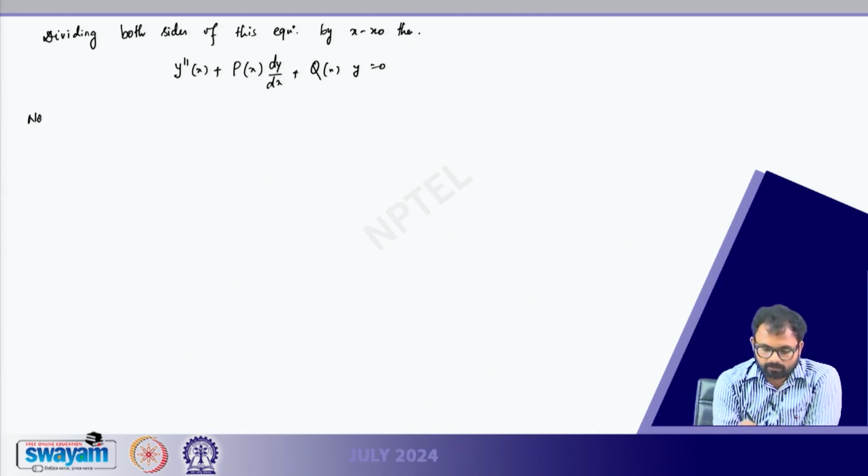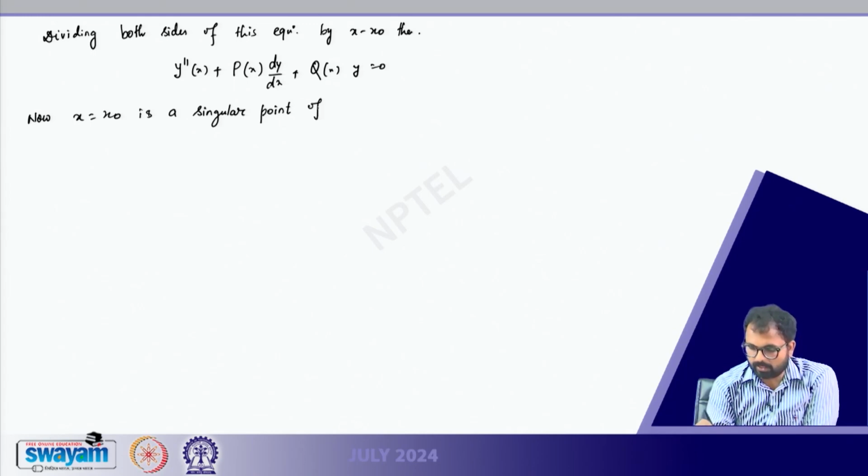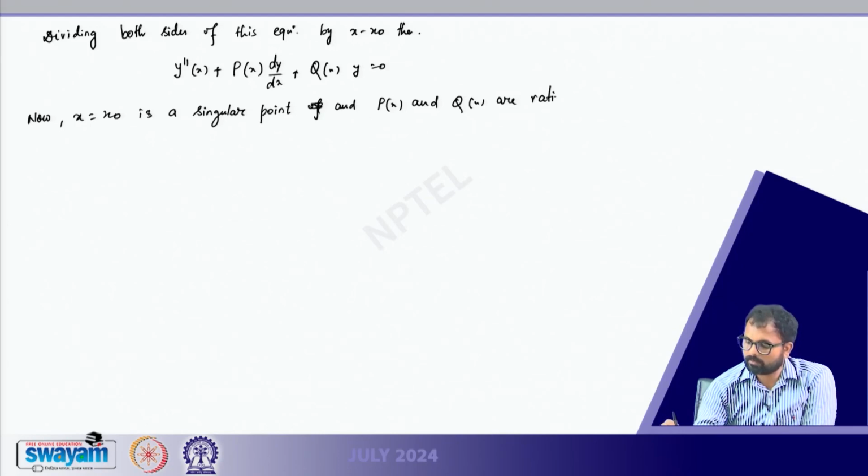Now, x equals x0 is a singular point, and P(x) and Q(x) are rational functions.